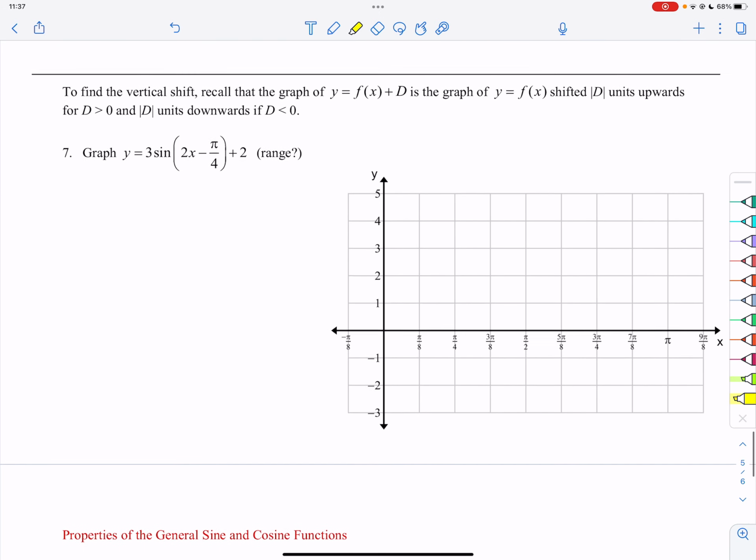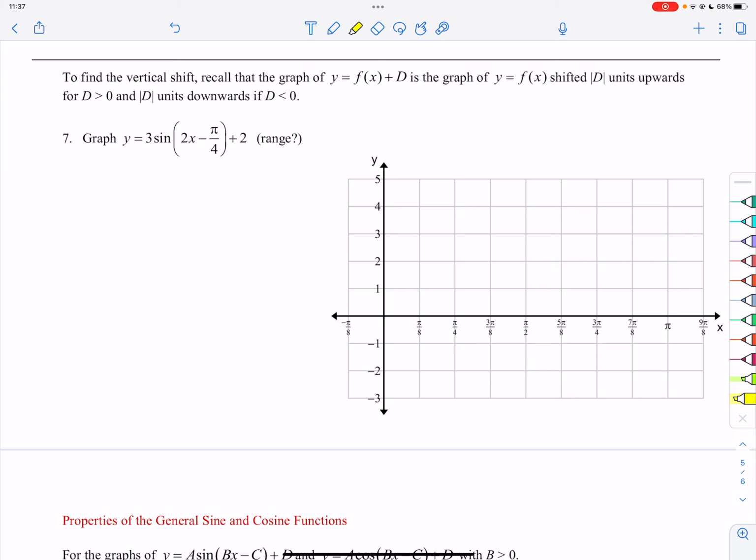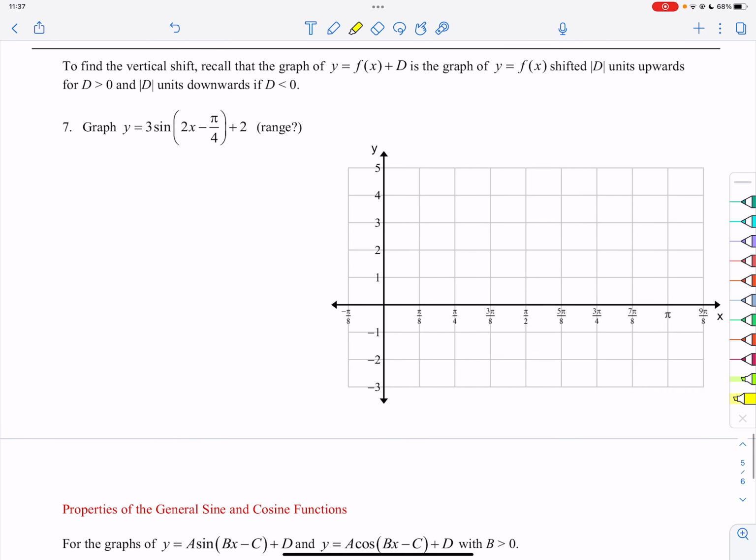Okay, to find the vertical shift, we have to remember that when D is positive, the graph will shift up, and when D is negative, the graph will shift down. Okay, so these are vertical shifts. So let's go ahead, and this will shift the graph, or take all points, and they will be shifted up 2 units on that sine graph.